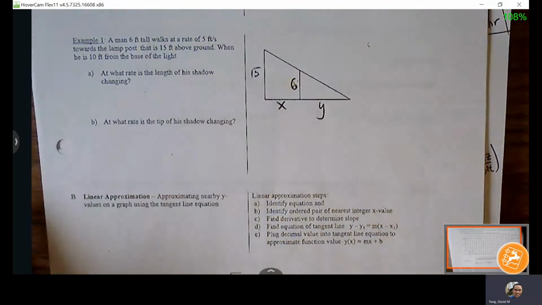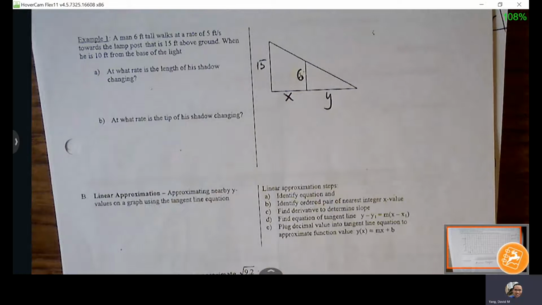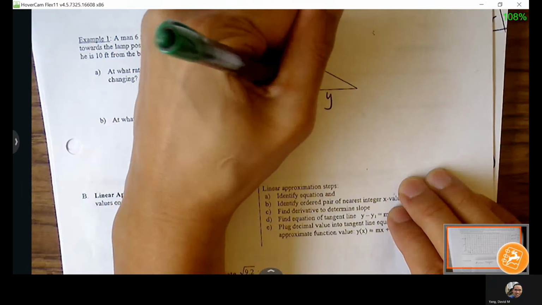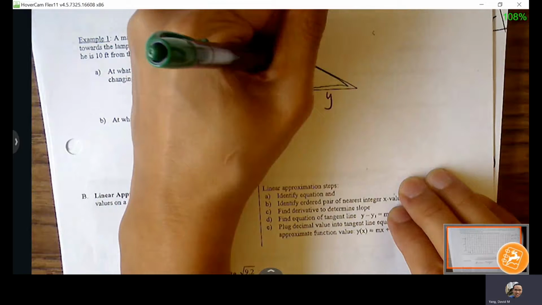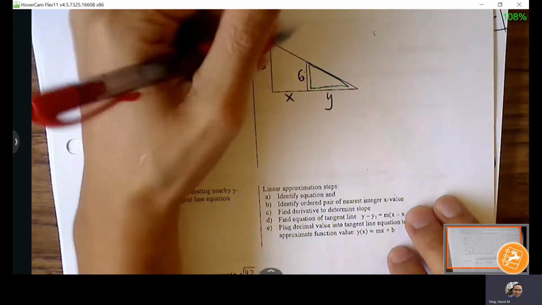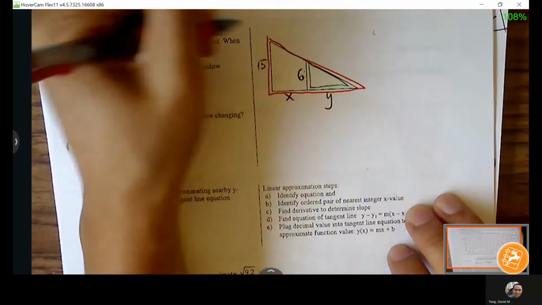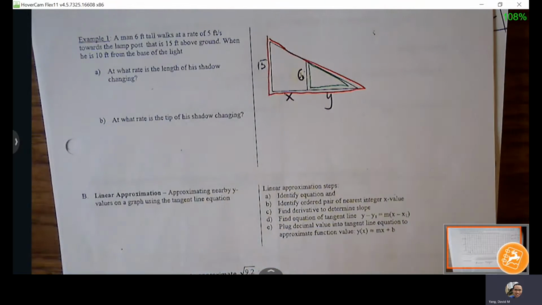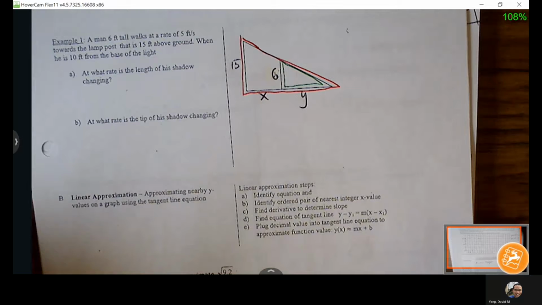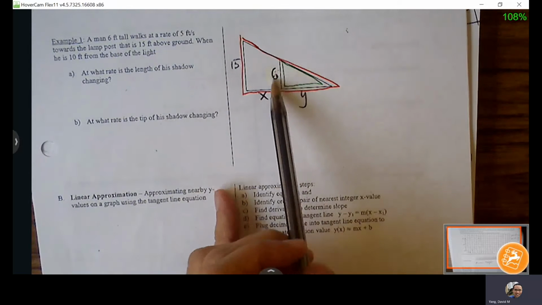Okay, we want to set up proportions to begin with. We've got a small triangle here and a large triangle here. So we'll start with the small height.